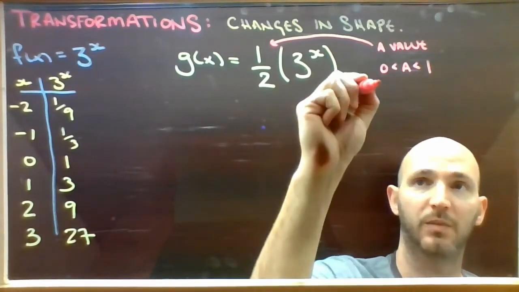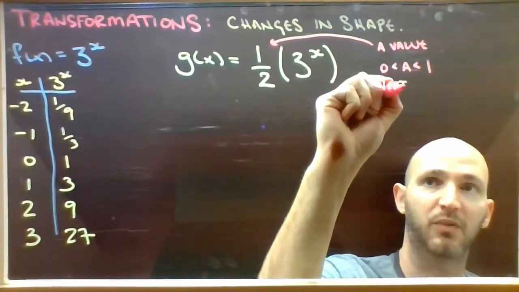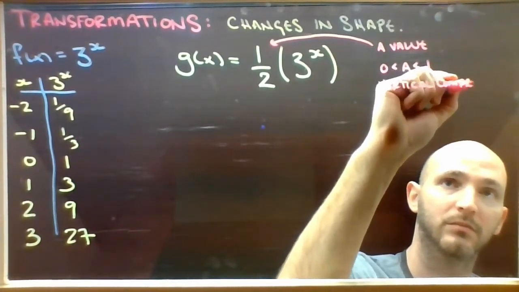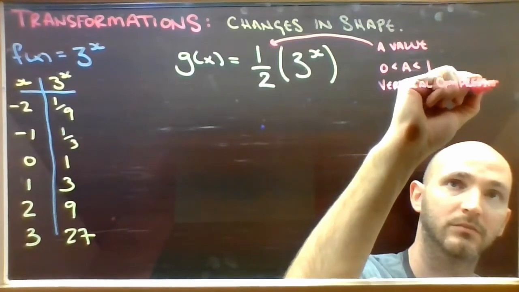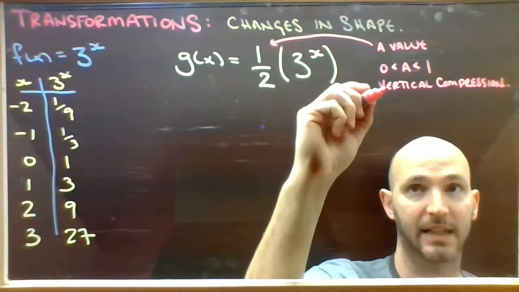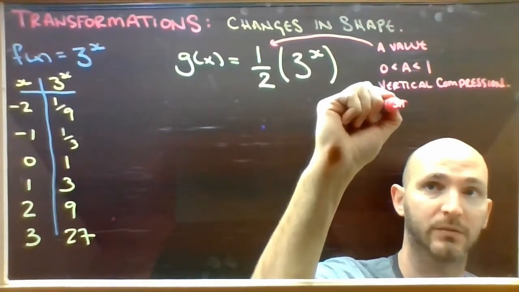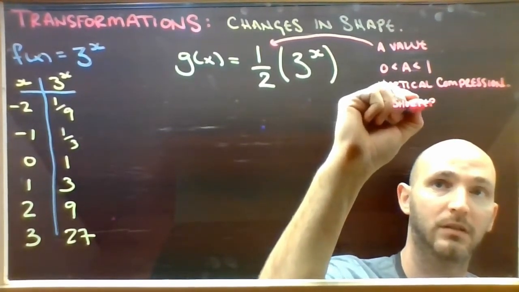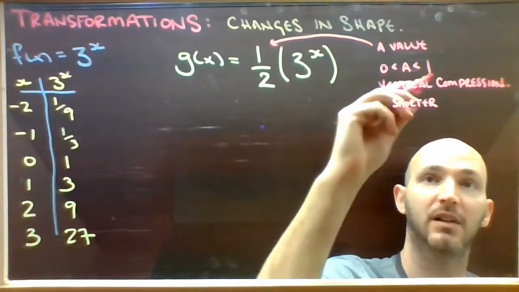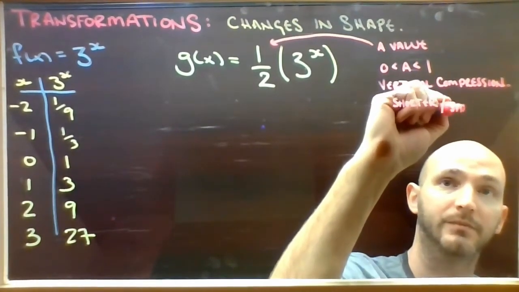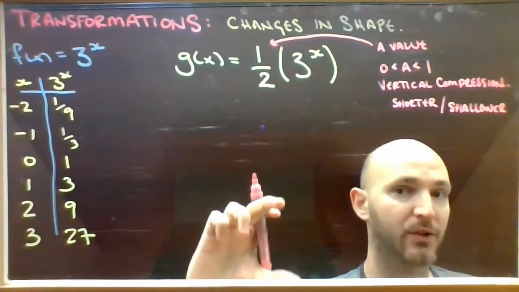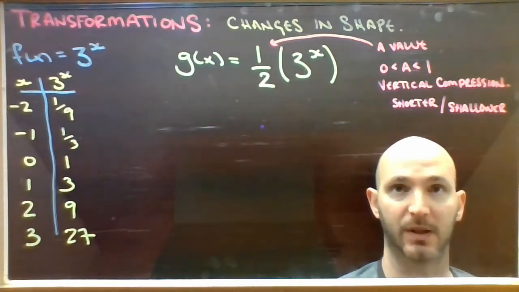That means that it will be a vertical compression. Which means that when I'm done sketching this thing, the function should be shorter. Anything above the axis will be closer to the axis than it used to be, or shallower. Anything that was under the axis will be drawn up closer to it.